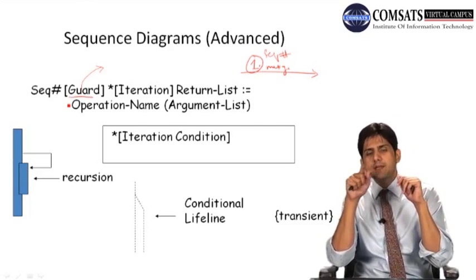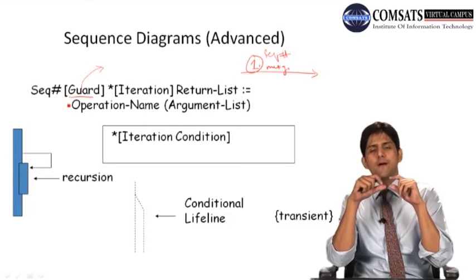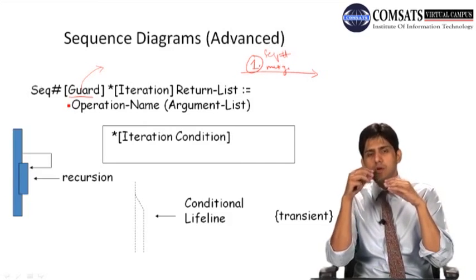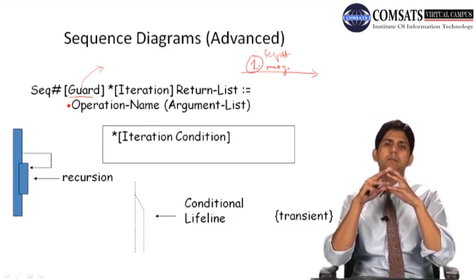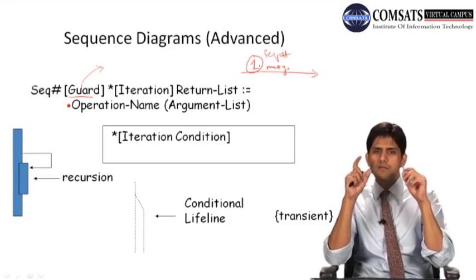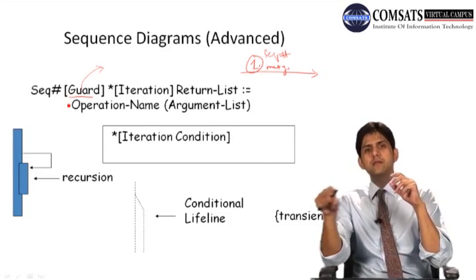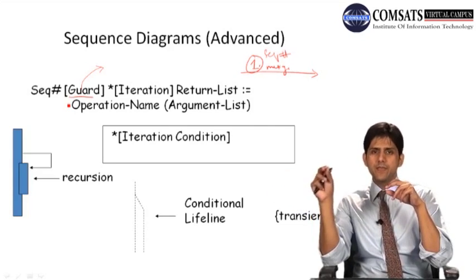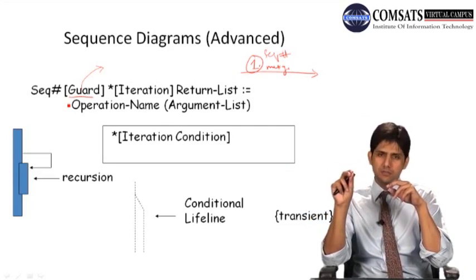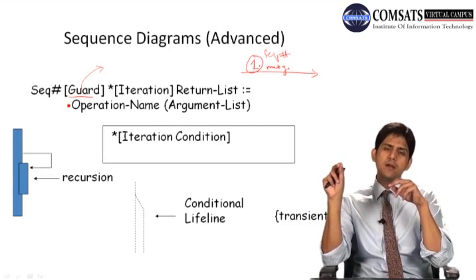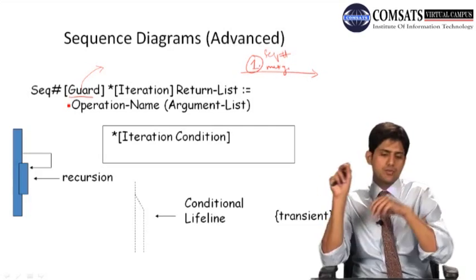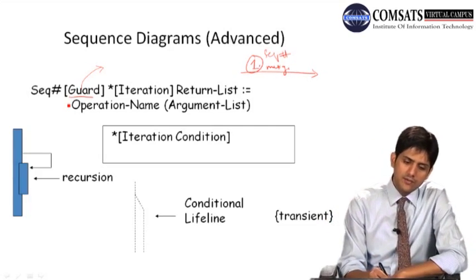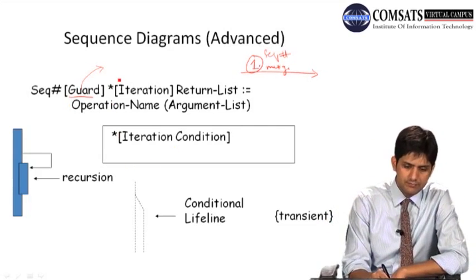The first thing in that system sequence diagram was to check whether whoever is trying to issue a book is a member of the library or not. If the status was okay, then the request for borrowing a particular book was sent. So that is called a guard, where you set a condition that this message will be sent if a certain condition is true.